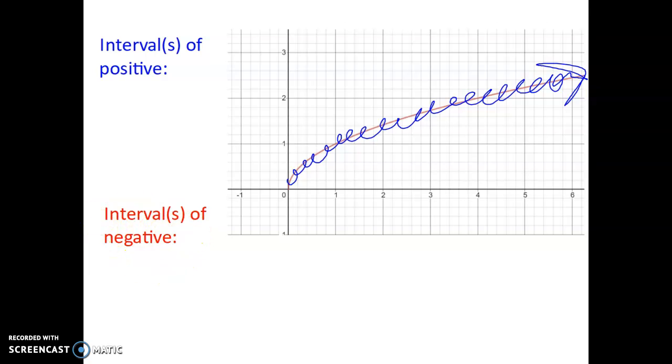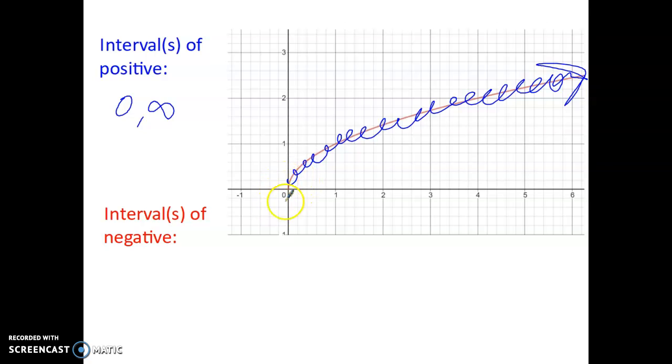What does negative mean? It's the opposite of positive. If positive is above the x-axis, negative must mean below the x-axis, and so I have nothing here that I need to color red. So what is my interval for positive? I'm going to get 0 to infinity. It's the whole thing. All right, this is a little bit tricky though. Look at (0, 0).